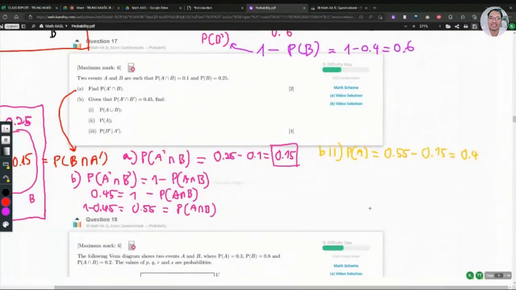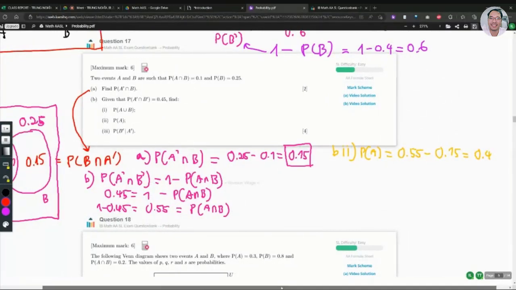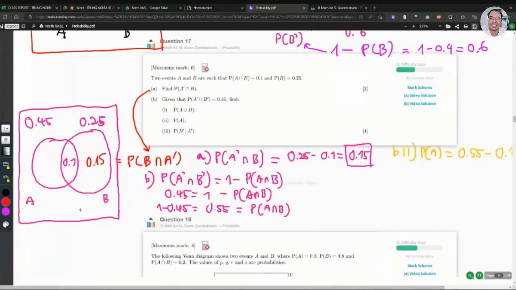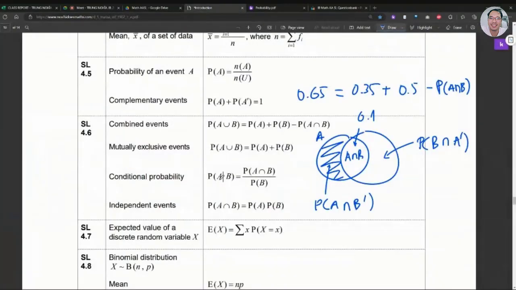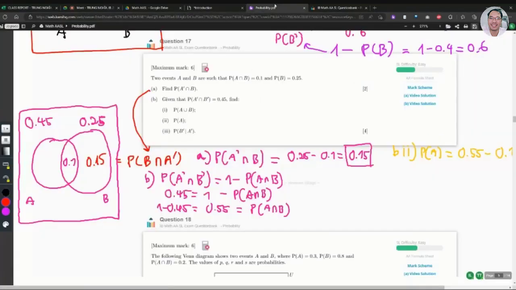The last one, probability of not B given not A. We have to use the conditional equation. Actually, there's another way, but I'll show that for you later.